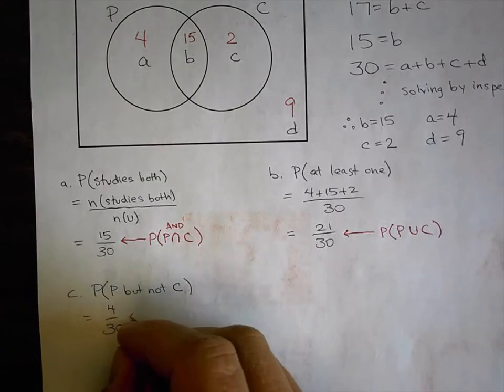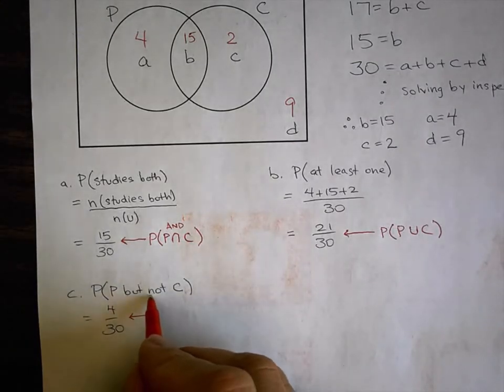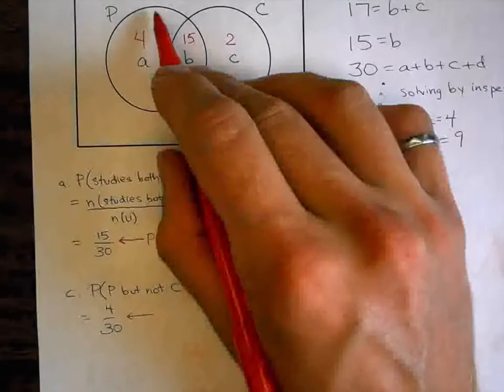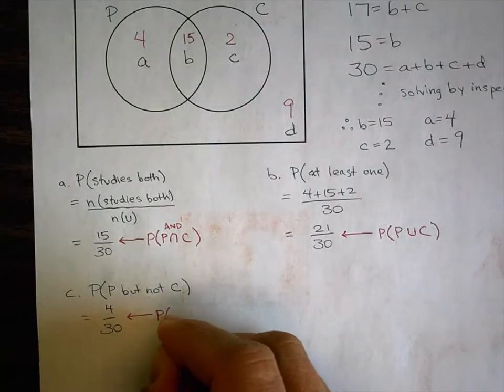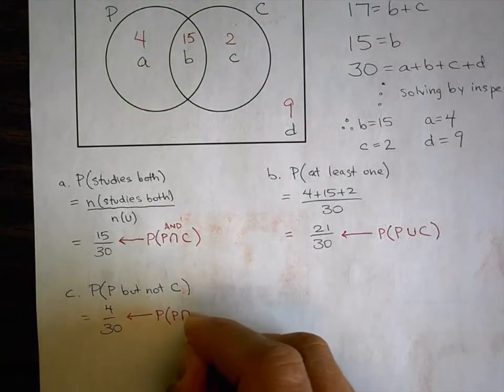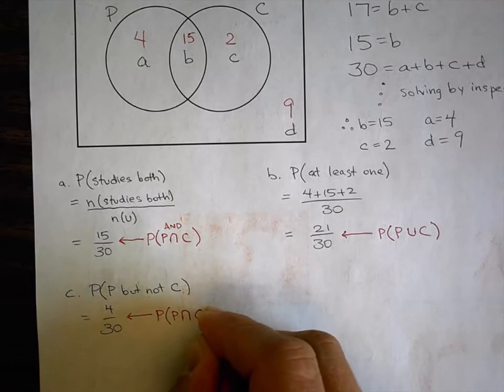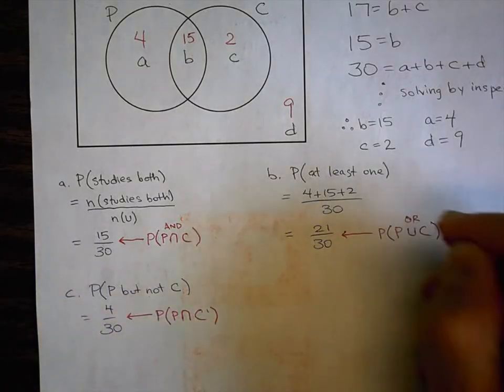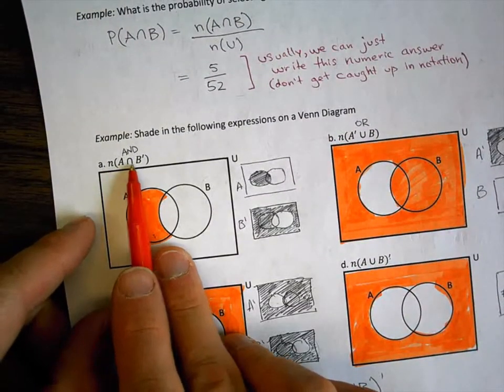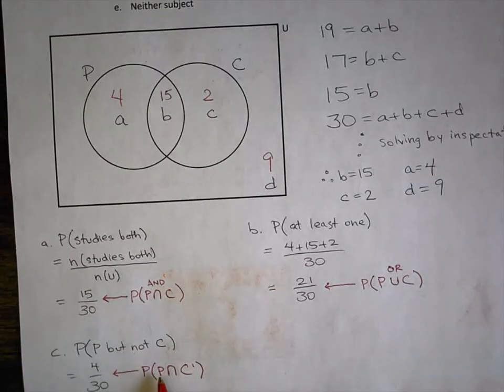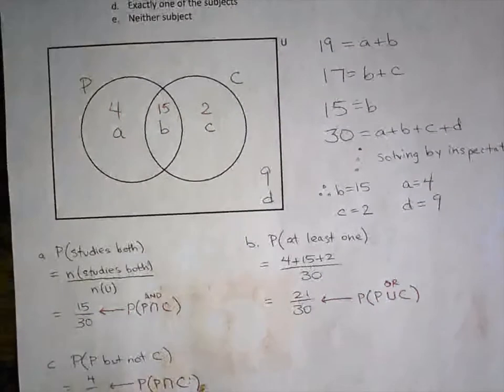This one here is study physics but not chemistry. So that's this crescent moon section. That would be the probability of P and the complement of C. Remember, that's what we just did, right? The half moon is the first thing and the complement of the second thing. All the things that are both physics and not chemistry.